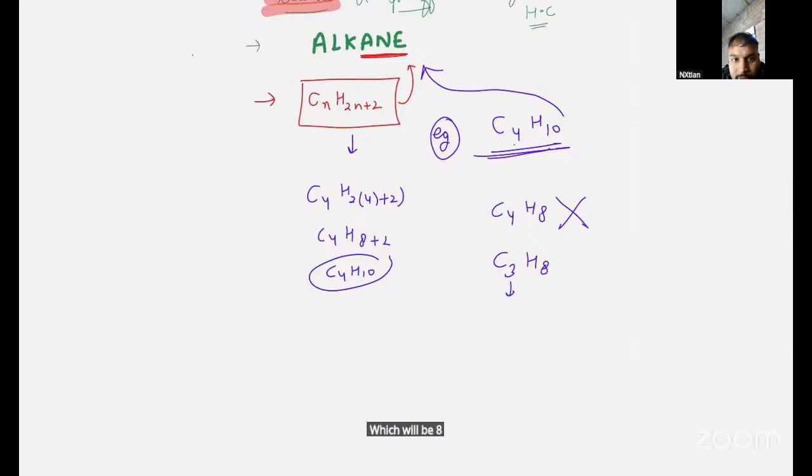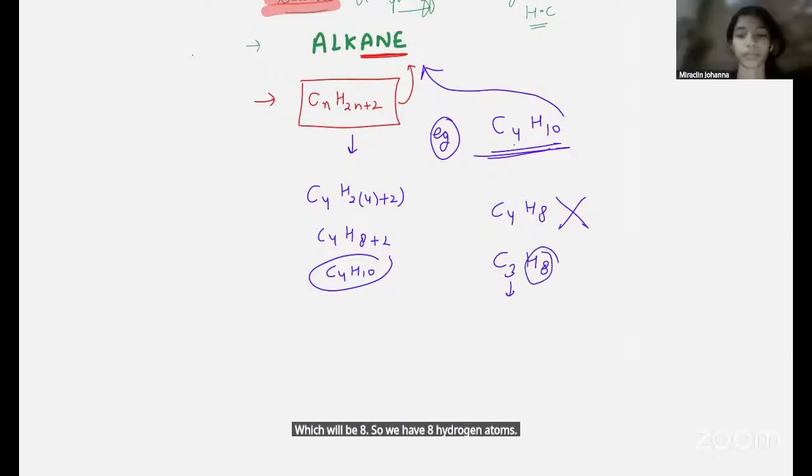So we have 8 hydrogen atoms. Okay. So it means that it is an alkane. Got it?